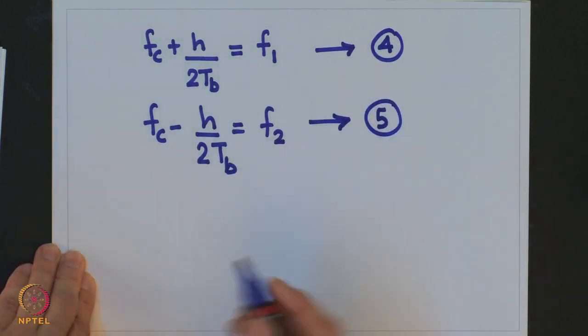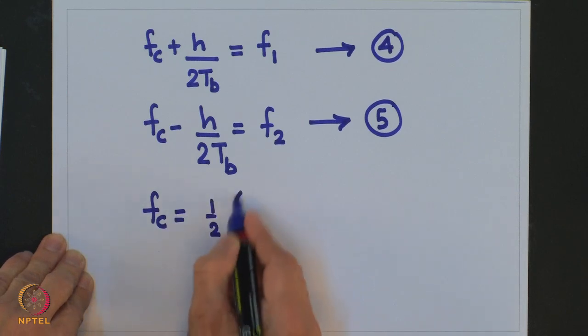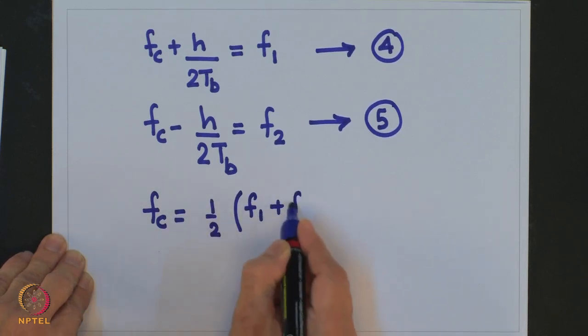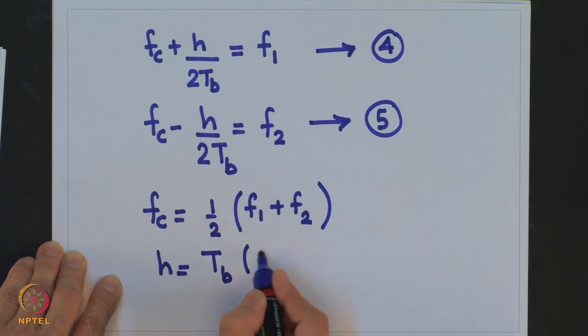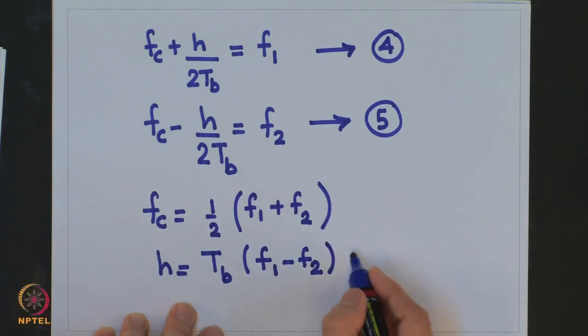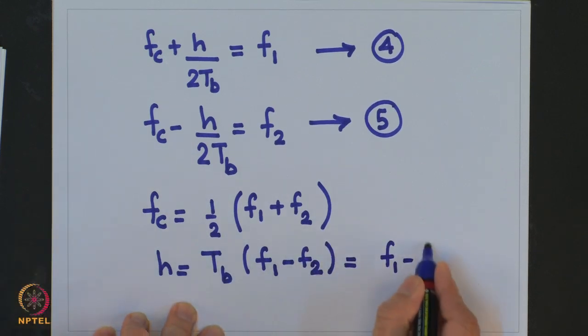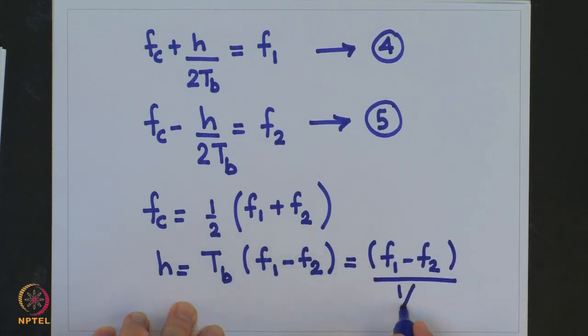So, solving 4 and 5, we will get fc is equal to half (f1 plus f2) and h is equal to Tb into (f1 minus f2). So, this is the same as (f1 minus f2) upon 1 by Tb. 1 by Tb is your bit rate.